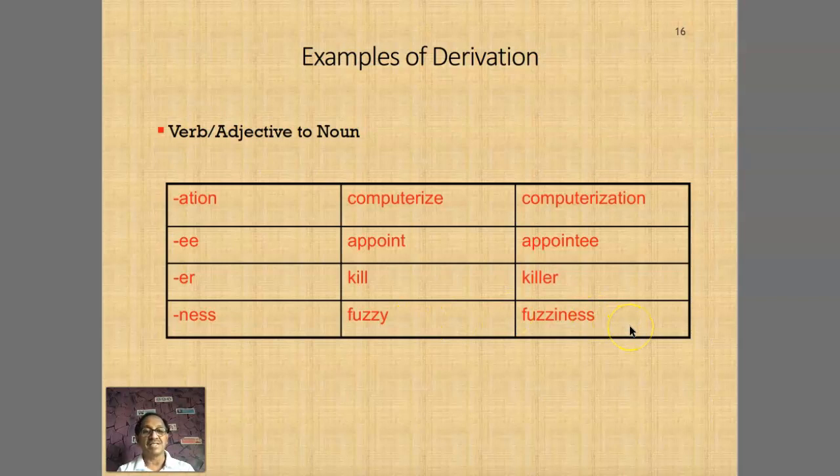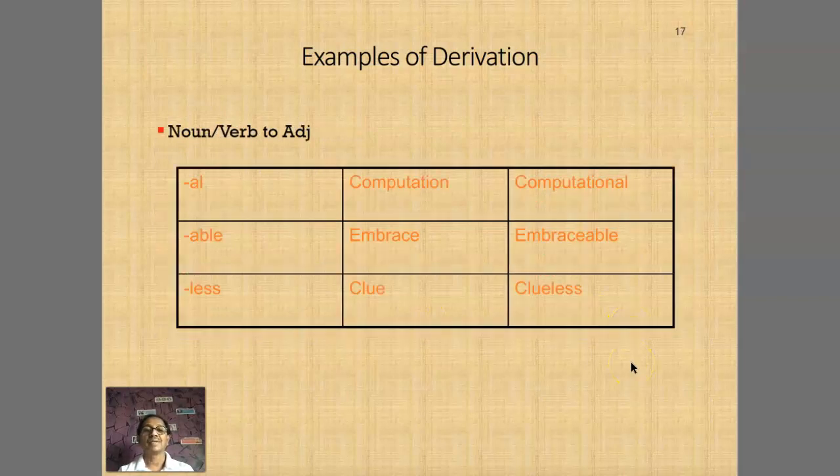Fuzzy becomes fuzziness. More examples here. Noun to adjective or verb to adjective. Al: computation, computational. Embrace, embraceable. Less: clue, clueless. Right? Clue is a noun, and you're getting an adjective there.